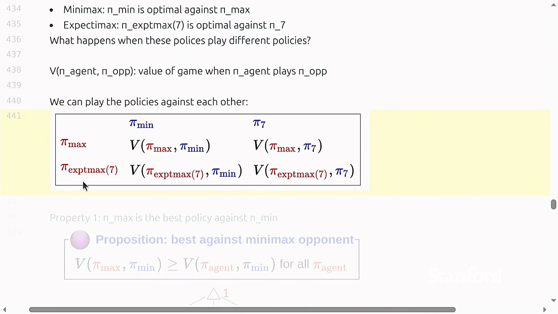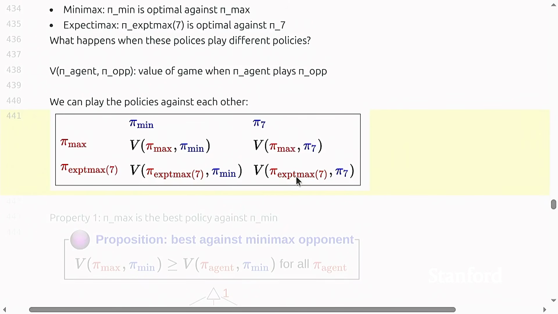So there's 2 agent policies, pi max and pi expected max. And then there's 2 opponent policies, pi min and pi 7. And for each cell here, I have a particular value, which is what happens when the row policy plays the column policy.